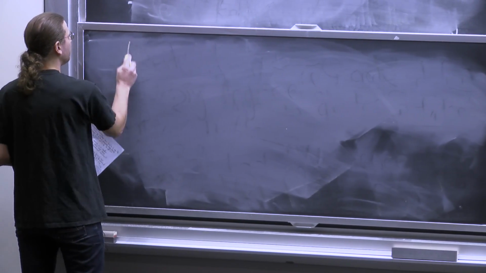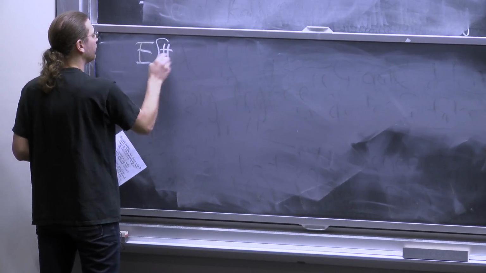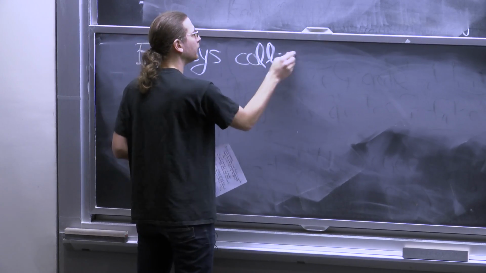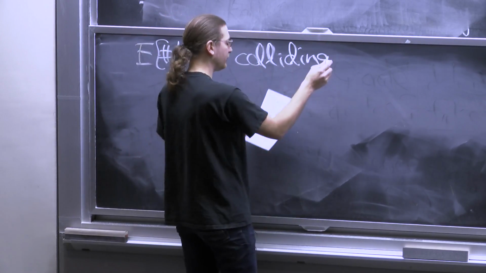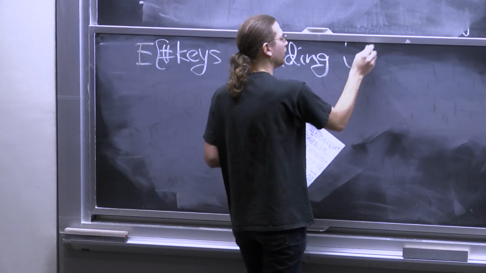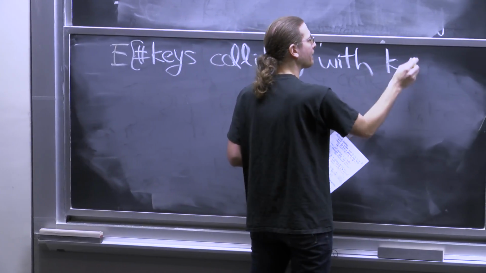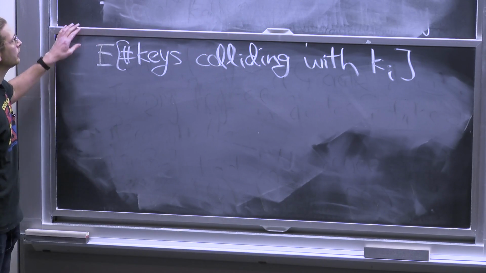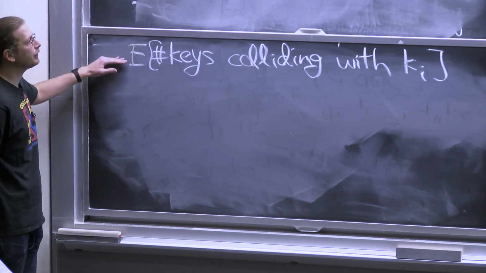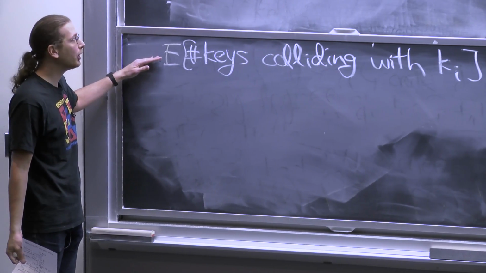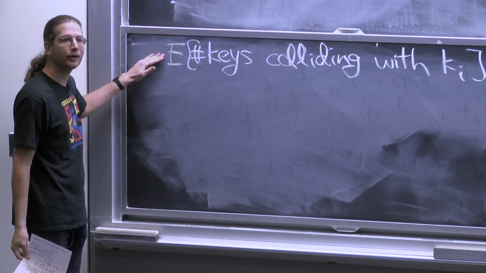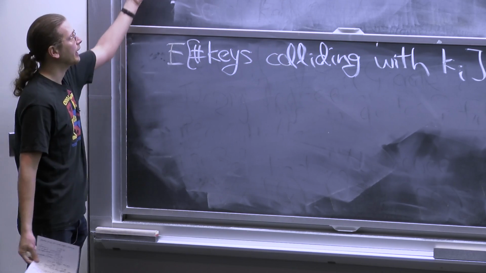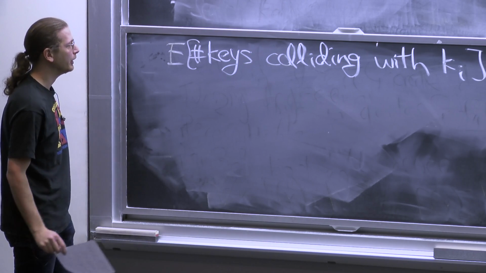So I want to compute, let's say, the number of keys colliding with one of those keys, let's say Ki. So this is, of course, the size of the slot that Ki happens to go. This is going to work for all i. And so if I can say that this is at most 1 plus alpha for each i, then I have my theorem. Okay, just another way to talk about it.